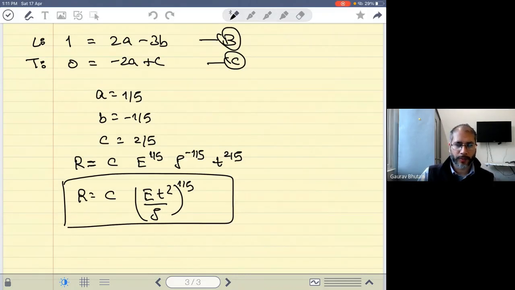Okay, so that's the relationship we have between r and the other 3 variables on the right hand side.